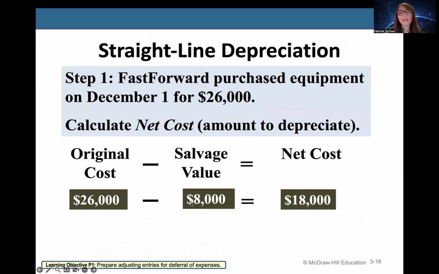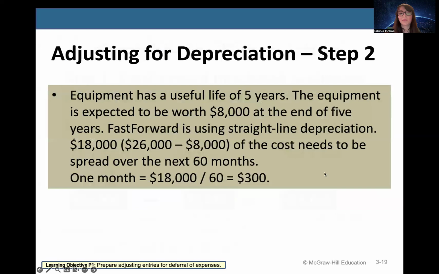We subtract our salvage value, what we expect the asset to be worth at the end of its useful life. That gives us something called net cost. Your net cost is the amount that you are going to depreciate. You do not include salvage value. That's why we subtract it from the cost value.